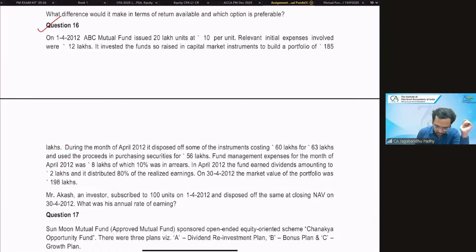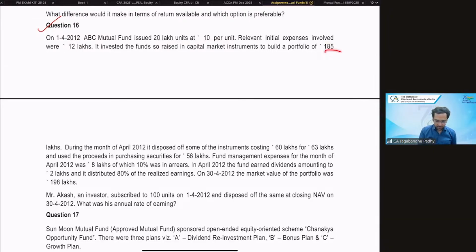So what's the total money collected? 200 lakhs, 2 crore. Out of that 200 lakhs, we have built a portfolio of 185. 12 lakh is set as initial expense.